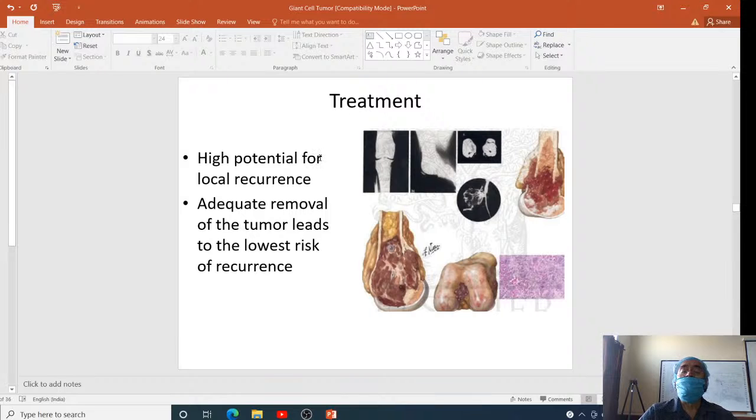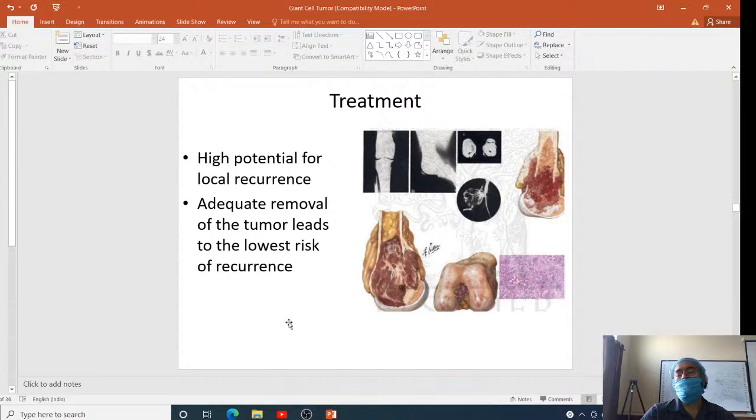Because these tumors have a high potential for local recurrence, you think you have done a good job. In the picture we have shown, the upper end tibia, we made a hole and took out everything and filled that hole with bone graft and bone cement and all. And I think it has been over 15 years.